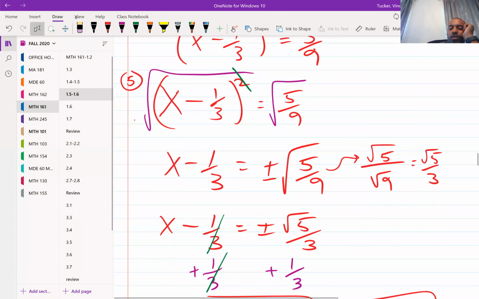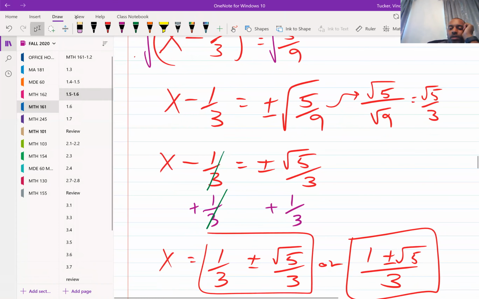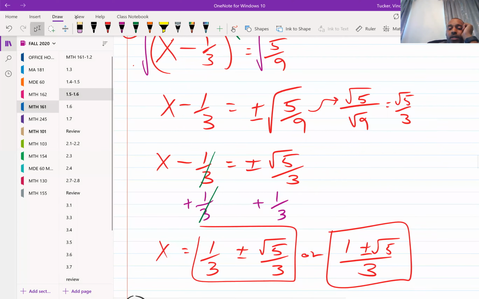Then to finish it off, add 1/3 to both sides. And you can write your answer either one of these two ways. So we could do this because both denominators were the same.